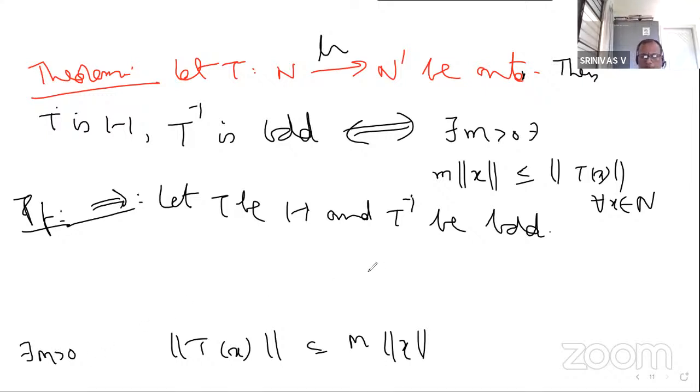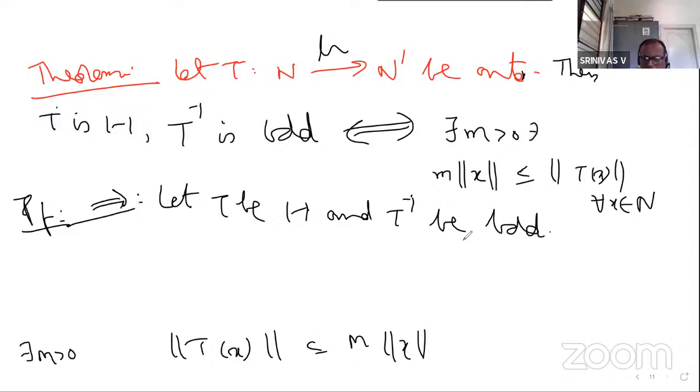If your T is bounded, you have to obtain this. Similarly, if your T inverse is bounded, in place of T, you must obtain a similar kind of inequality, because your T inverse is acting on some W here, and you should have it is less than m times some norm W. Okay, let us see.